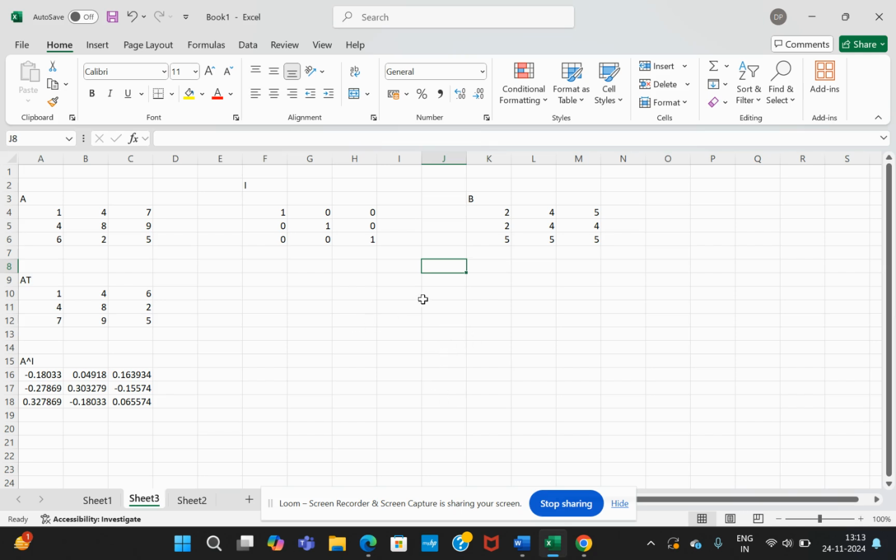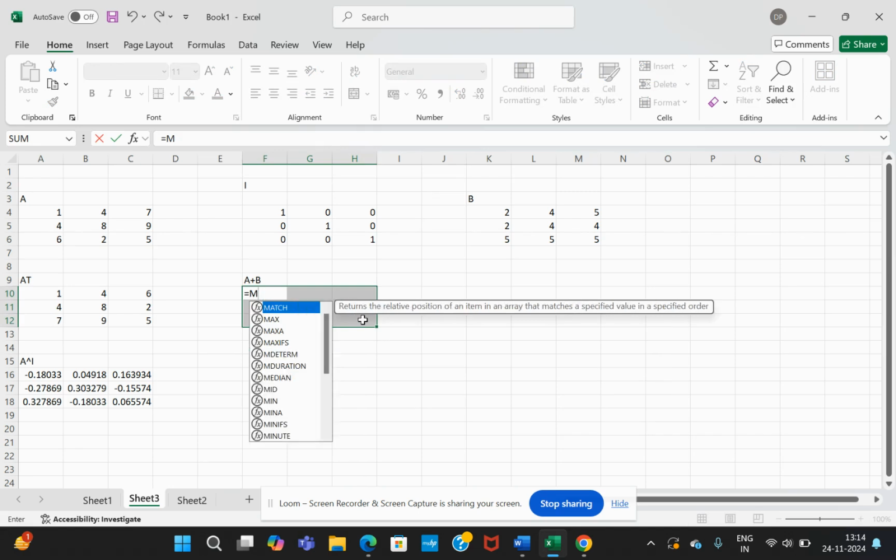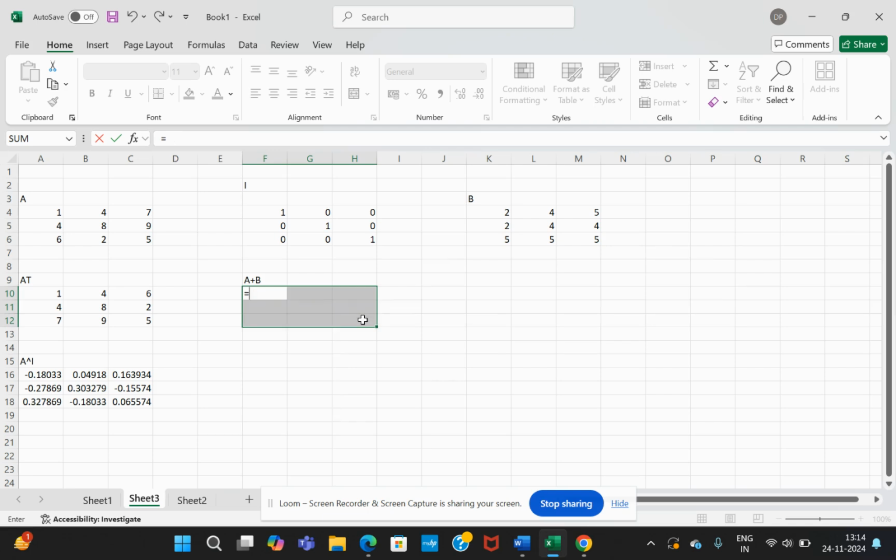Simply, if we want to add two matrices, then just write A plus B is equal to, let's select the 3 by 3 cells first, and then press enter, M sum, and then select this matrix, select this matrix, and then just press enter.